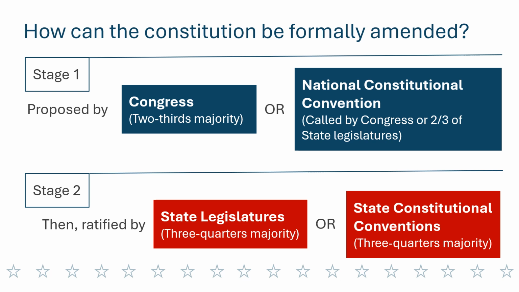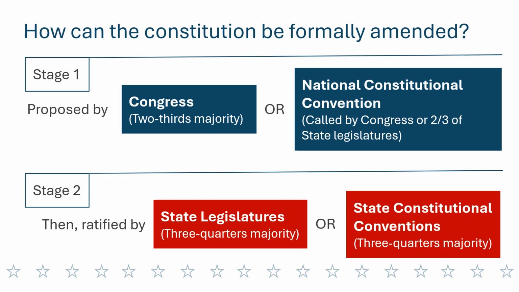A successfully proposed and ratified amendment will then become part of the Constitution. There have been 27 amendments to the Constitution since 1787. The first 10 amendments were all ratified in 1791 and are collectively known as the Bill of Rights.